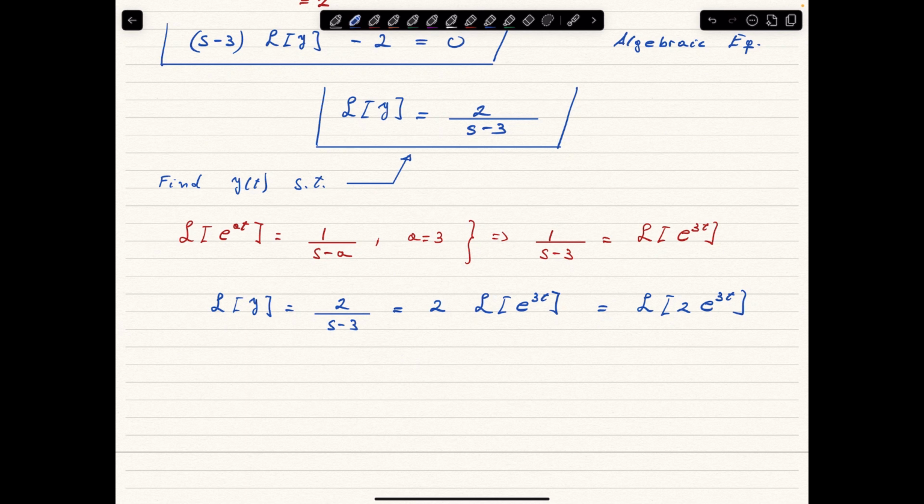So you see the two Laplace transforms are the same. So one solution to this equation, and later on one can prove the only solution, is that y of t is 2 exponential 3t. This is how we can use integration by parts to solve differential equations.